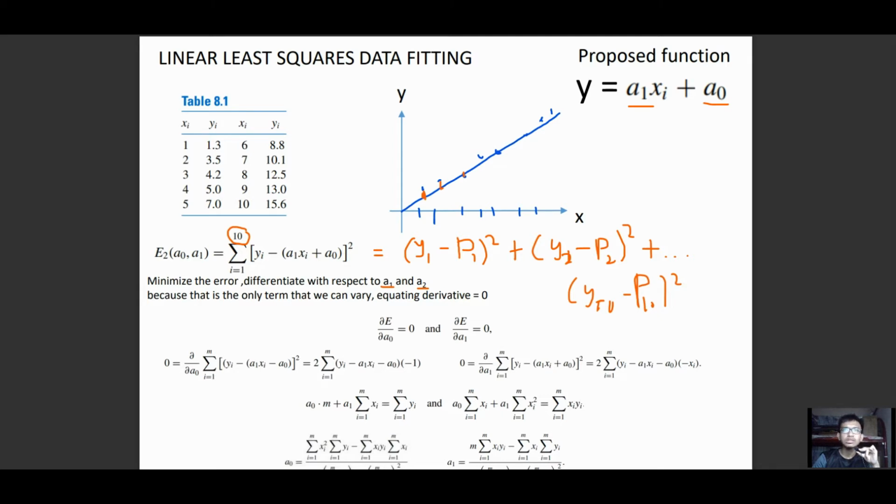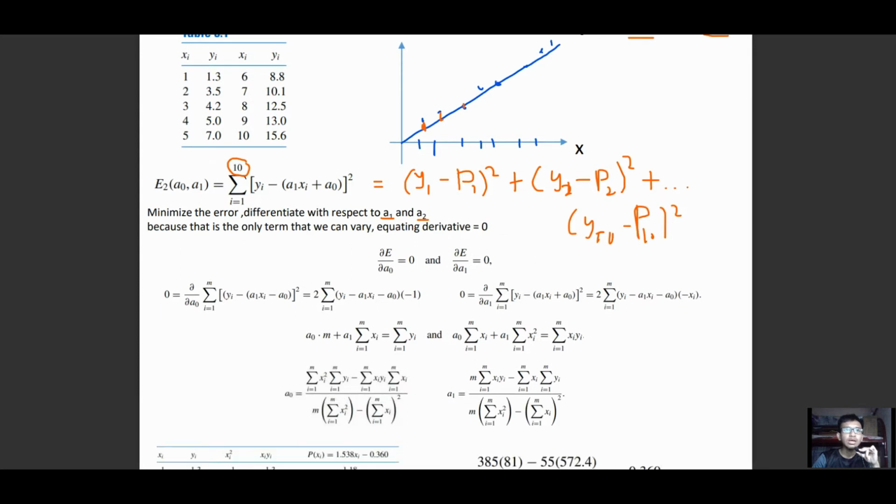Of course, we learn from calculus that if we want to minimize something, the derivative will be equal to 0. If our basic calculus is very good, then we will have no problem understanding this.